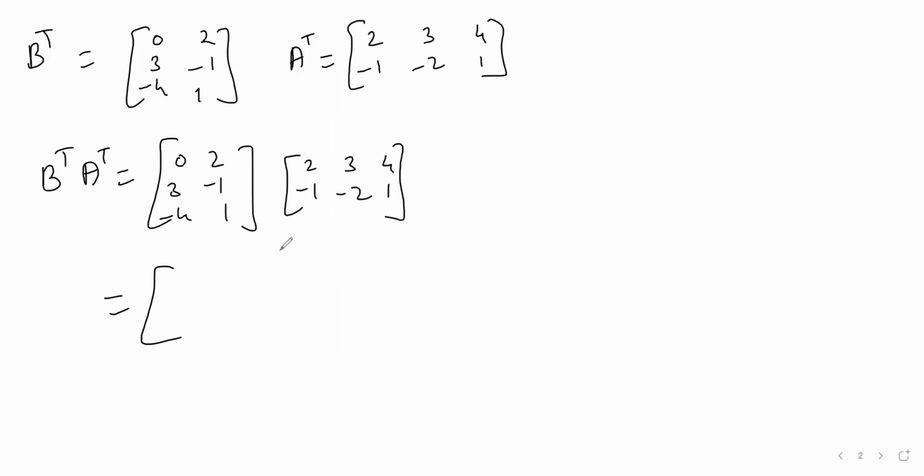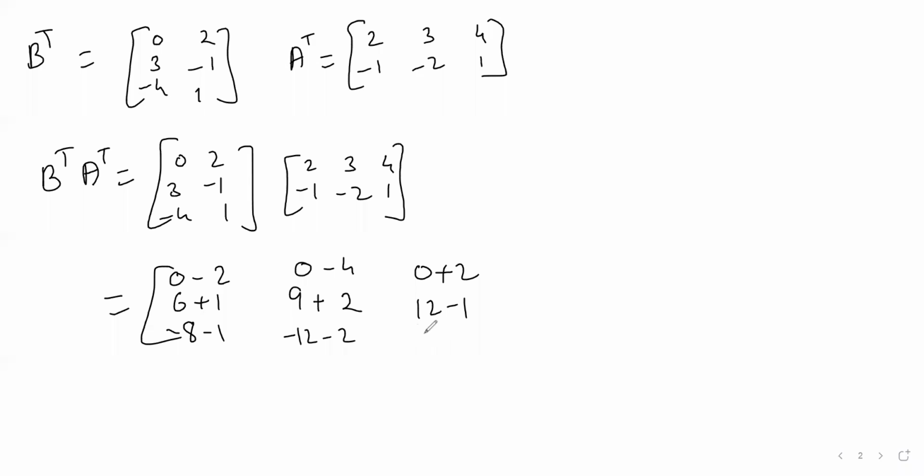After multiplication, we'll get this: 0, minus 2, 0, minus 4, and 0 plus 2. Then here it will be 3 minus 1 multiplied by this. This is going to be 6 plus 1. Then 9 plus 2. And then 12 minus 1. And here it will be minus 8, minus 1, minus 12 minus 2, minus 16 plus 1.